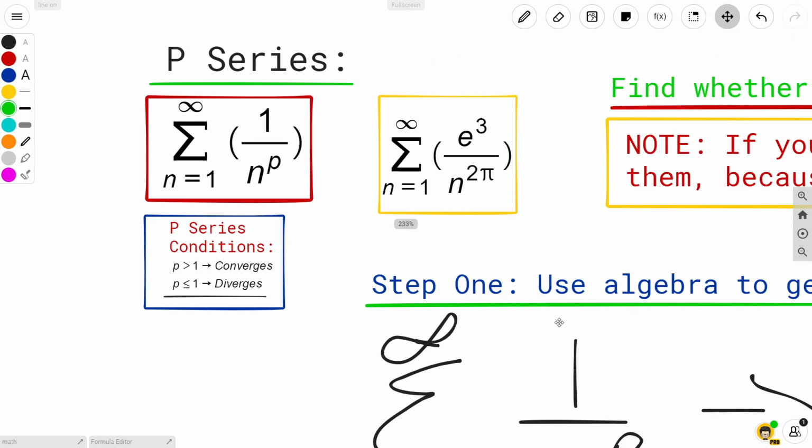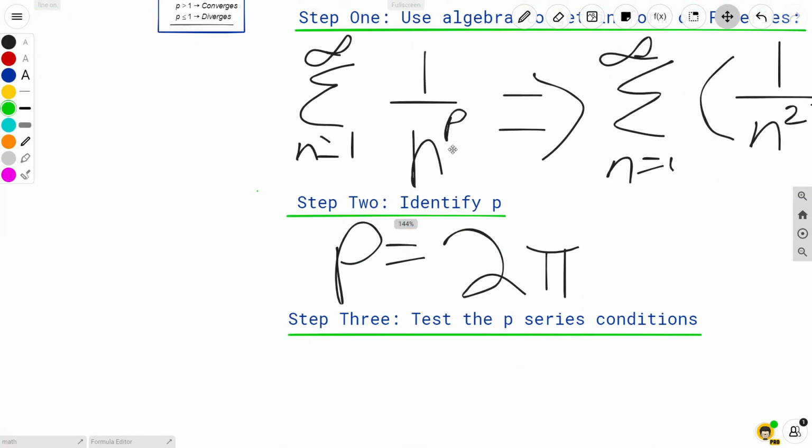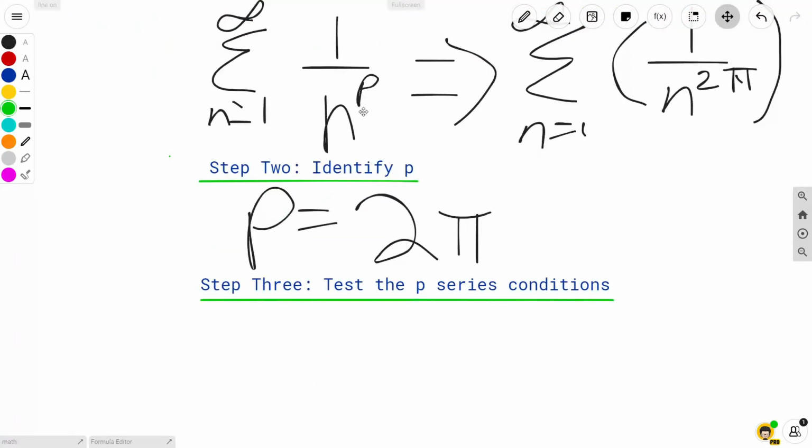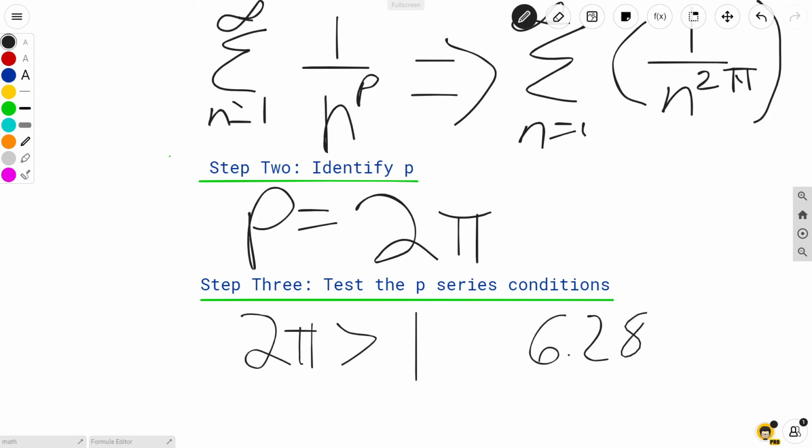Clearly, 2 pi is greater than 1. If you type 2 pi into your calculator, you'll get approximately 6.28.